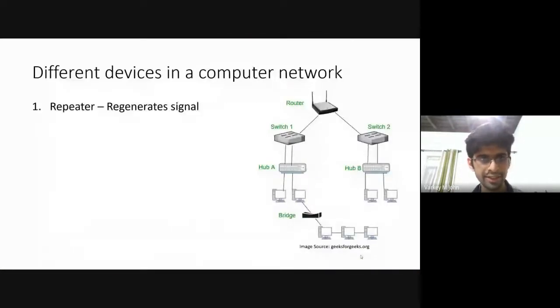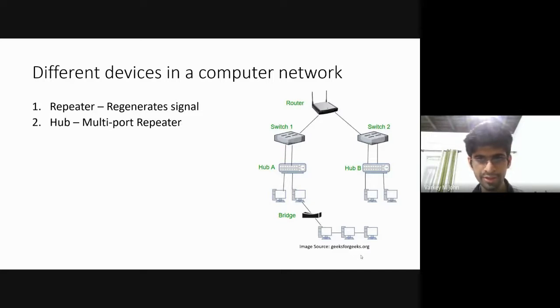One is a repeater, which regenerates a signal. In the physical layer, the electrical signals can attenuate, which means the signal power gets reduced. So the repeater regenerates the signal. Then there's a hub, which is a multi-port repeater.